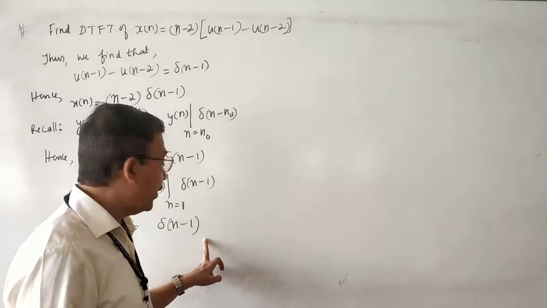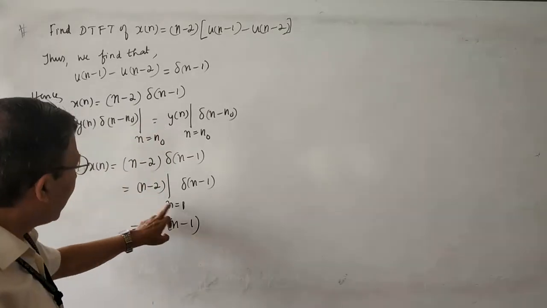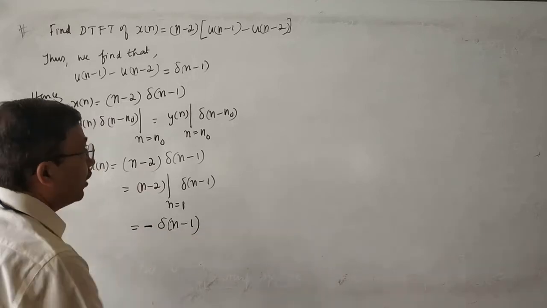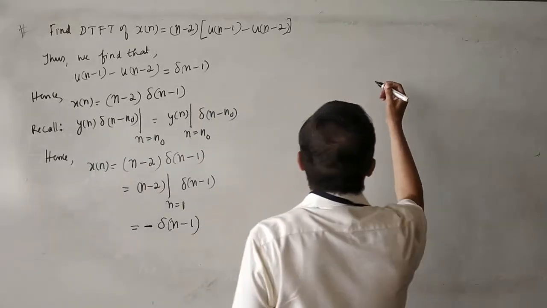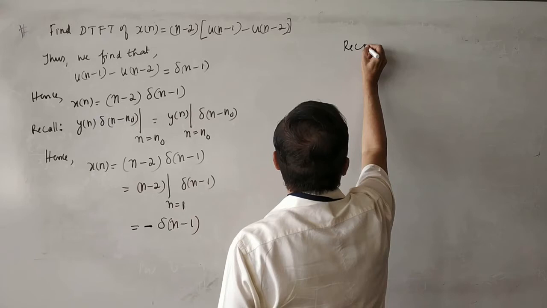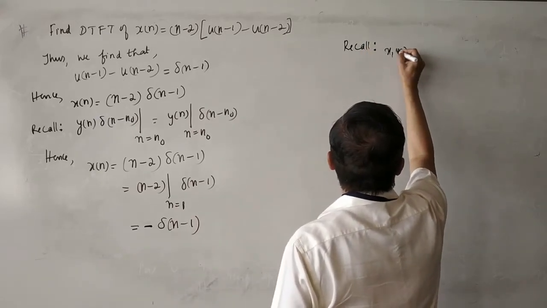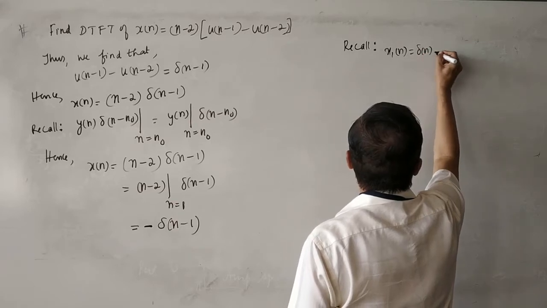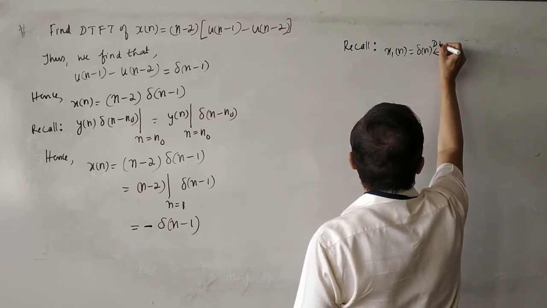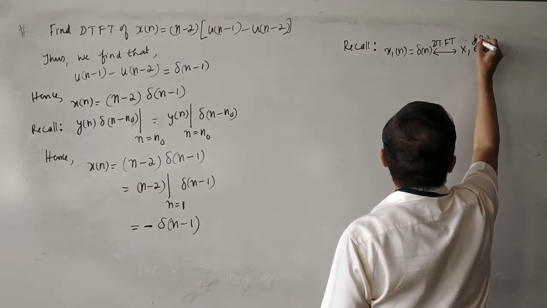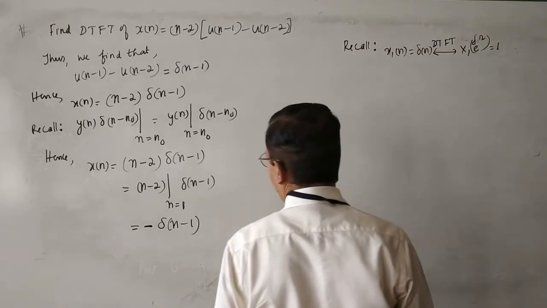There is a mistake over here. N minus 2 when evaluated at n equal to 1 is minus 1. So please put this minus sign. Because x1 of n equal to delta of n has a discrete time Fourier transform x1 of e power j omega equal to 1.